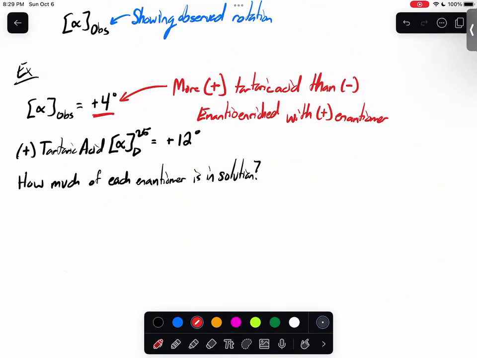Well, the first thing we need to do is we need to find something called enantiomeric excess. Okay? And so enantiomeric excess, also known as EE, tells us how much more of one enantiomer there is.